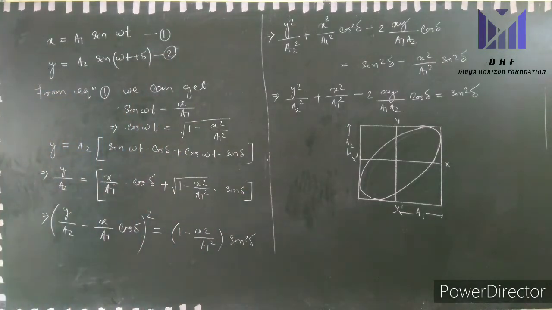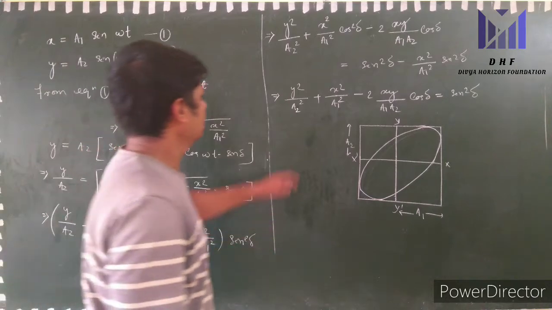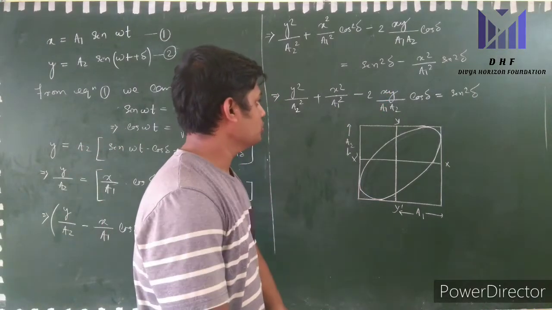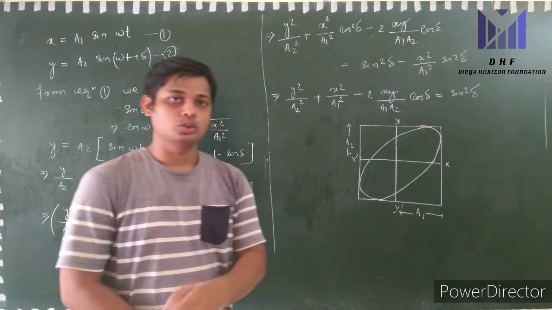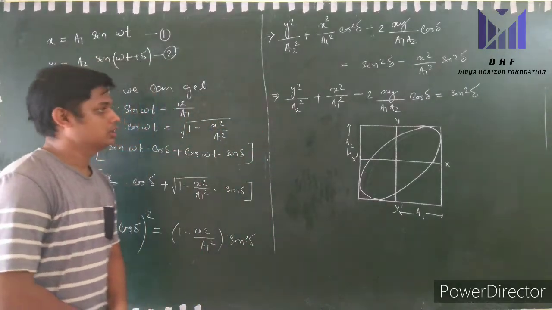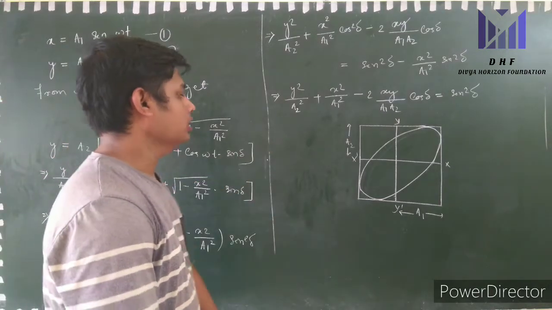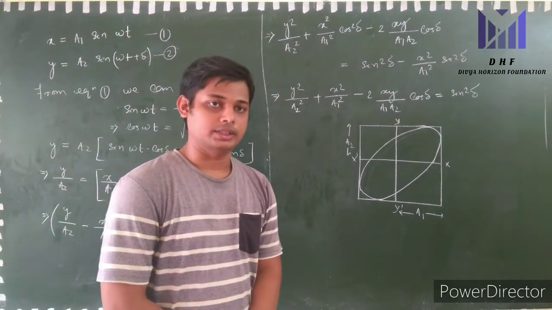And if we put y is equal to 0, then we will get the 2 points at which the ellipse cuts the x-axis, because when y is 0 then it is x-axis.